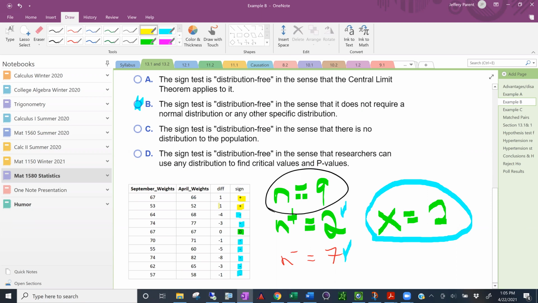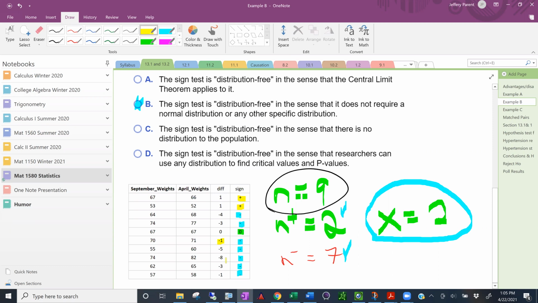The other part of the problem is that we threw away the magnitude of these differences. I mean, there's a huge difference between a loss of 1 pound and a loss of 8 pounds. You could lose 1 pound just by not eating so much salt in your diet. Having a day where you didn't eat a whole lot of salty meals, you'd probably lose at least 1 pound.